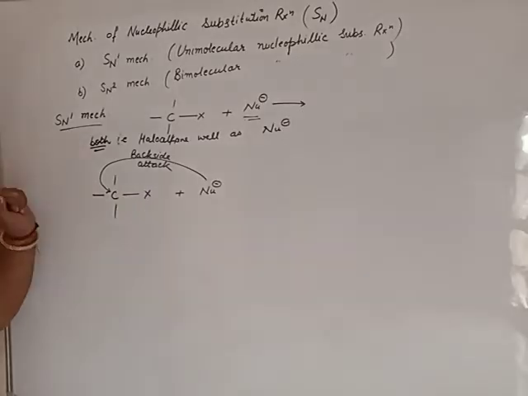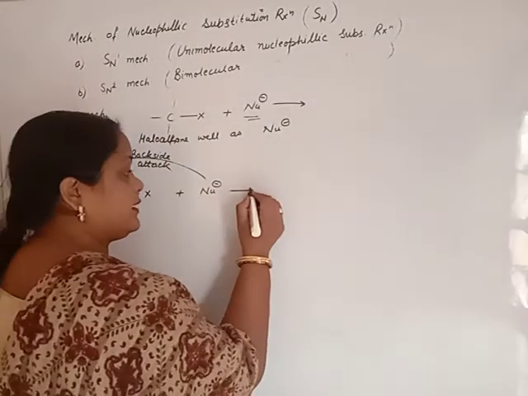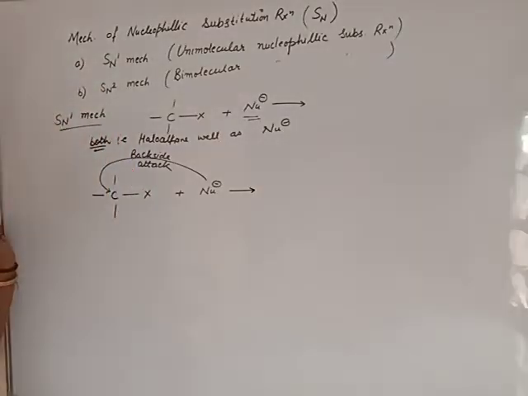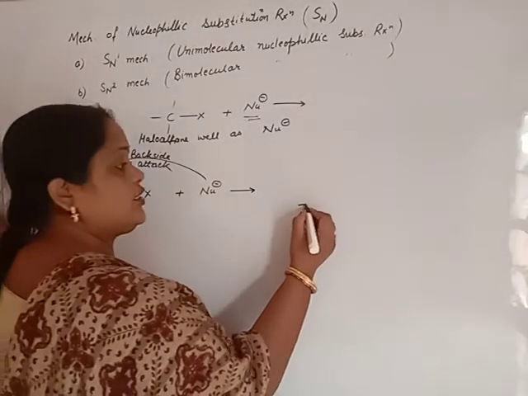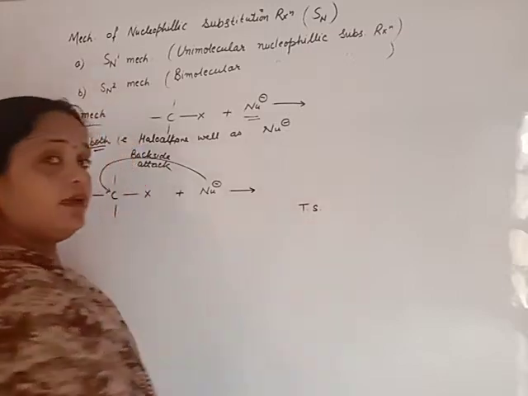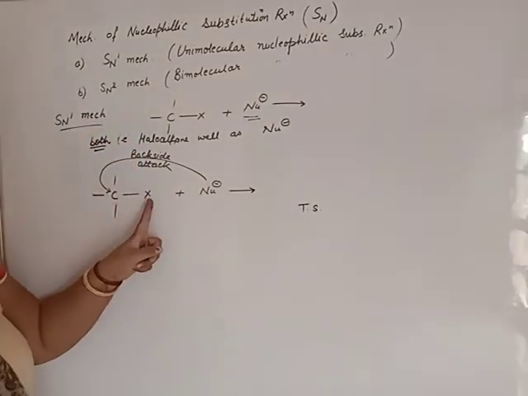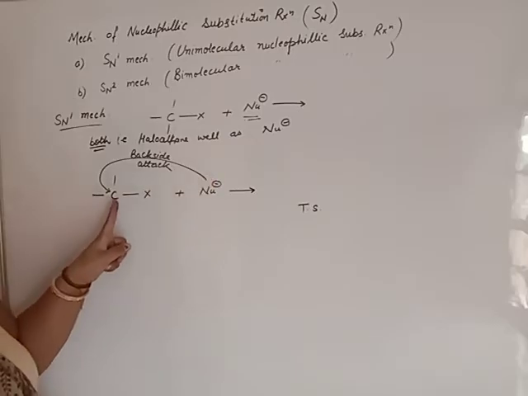Only backside attack is possible, and we get a hypothetical stage known as transition state, in which halogen starts to leave and nucleophile starts to come in to the carbon.